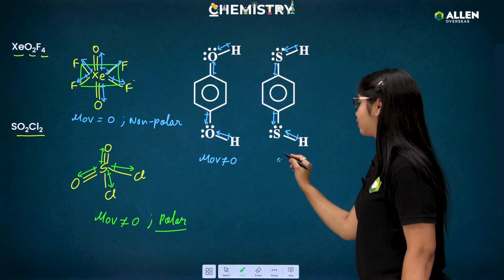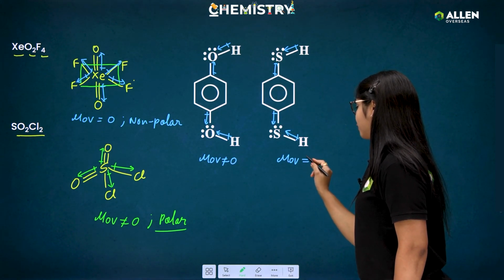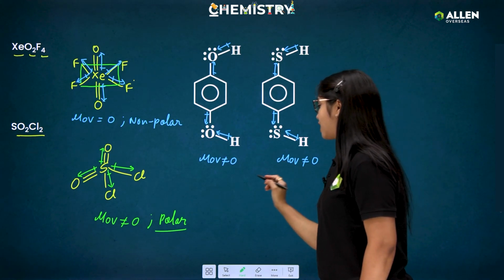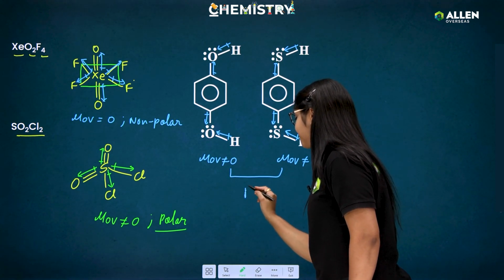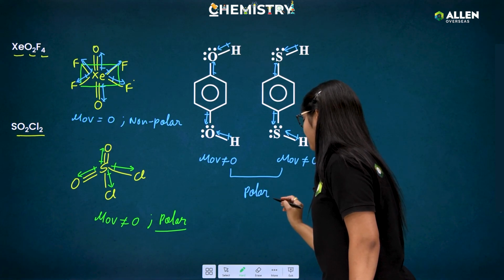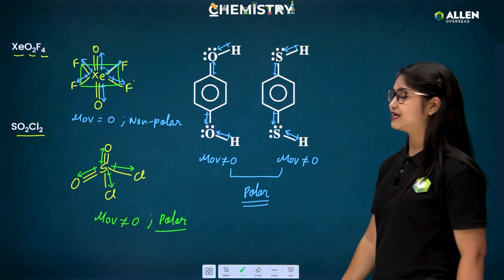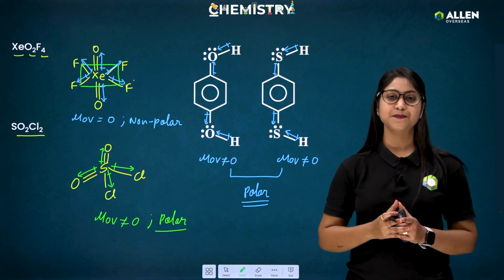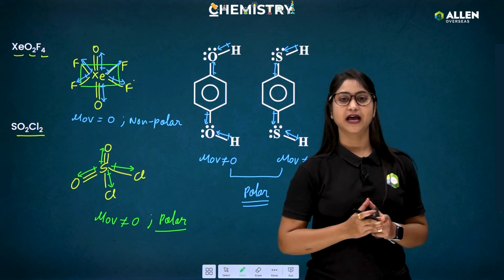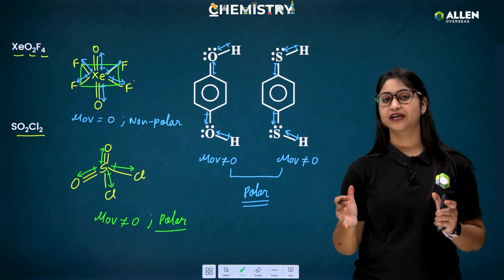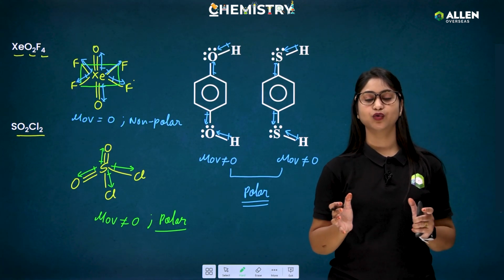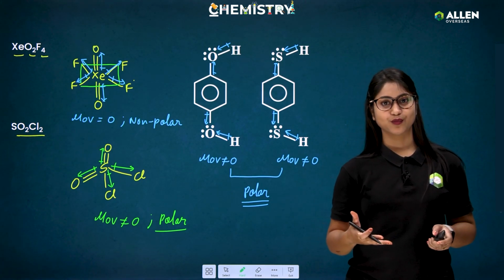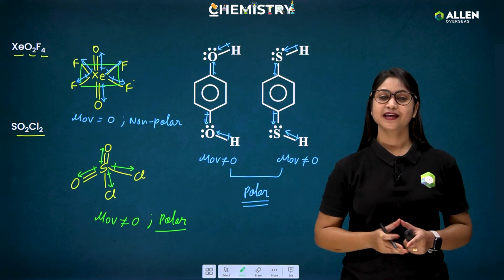Similarly, for this molecule also we can say mu overall is not equal to 0, meaning these two are polar molecules, polar in nature. So this is how you can find out the polarity of a molecule based on the dipole moment. Just calculate the overall dipole moment and find out whether it is polar or non-polar.